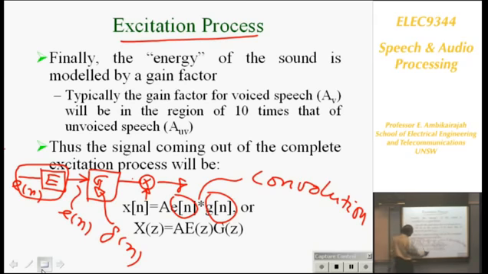Or, if you take the Z transform, convolution becomes multiplication. So it's easy. When you're doing modeling, you do it in the Z transform and then take the inverse Z transform, rather than doing everything in the time domain.